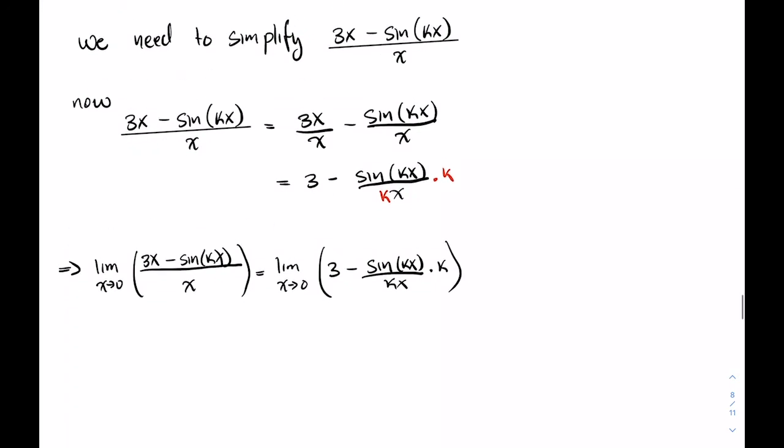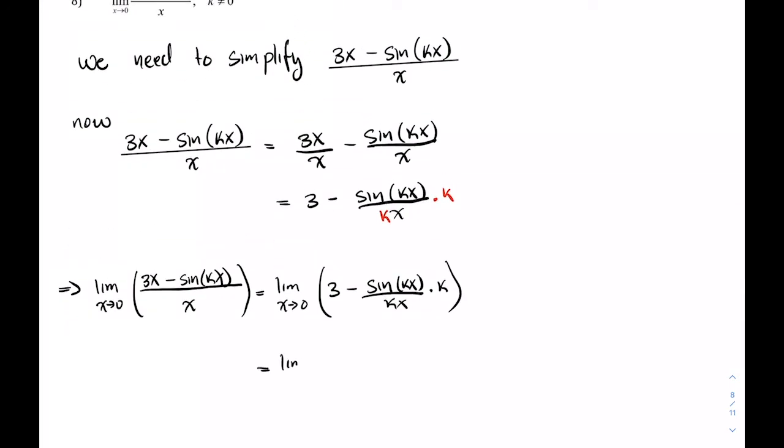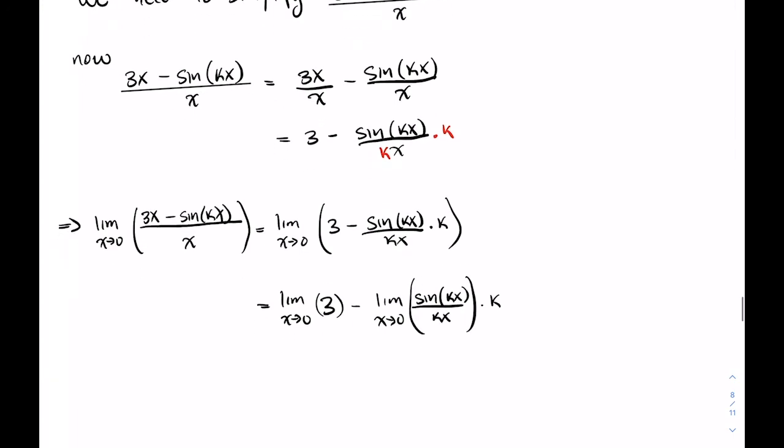So this then means I'm going to distribute my limit over my expression. So this is the limit as x approaches 0 of 3 minus the limit as x approaches 0 of sine kx over kx times k, which is equal to 3 minus, because the limit of a constant is equal to that same constant. So here the constant is 3. If I take the limit of 3, then I end up with 3.